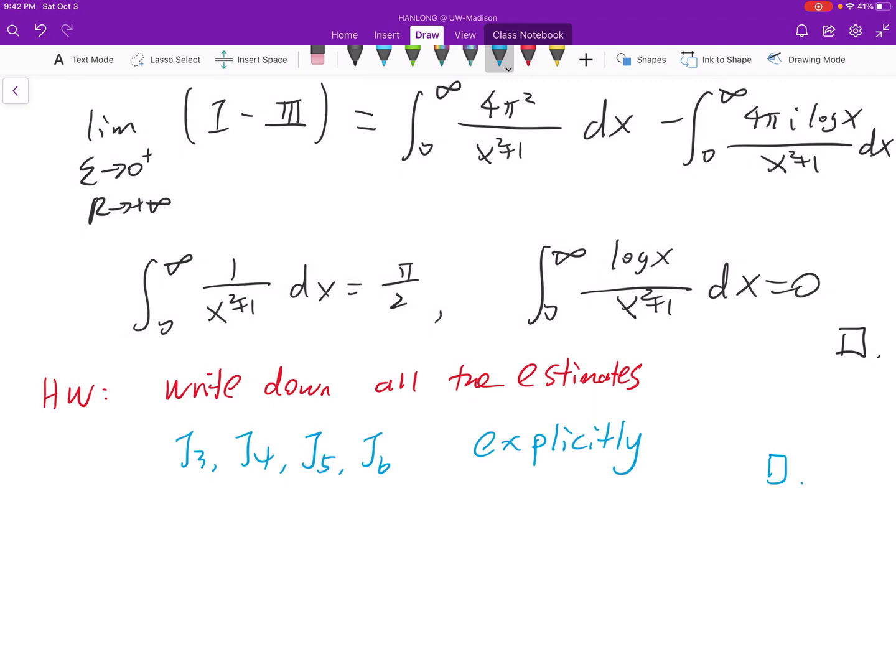Okay, I think it's a good exercise, and you see how I manage this. If you have some trouble, some estimate cannot be done, you just cut the domain into pieces. Okay, I will stop here.